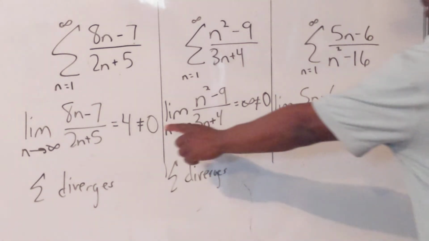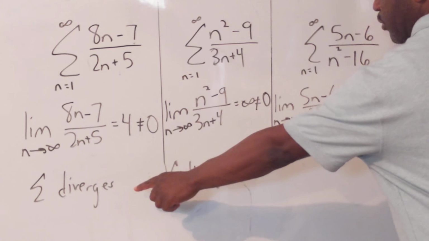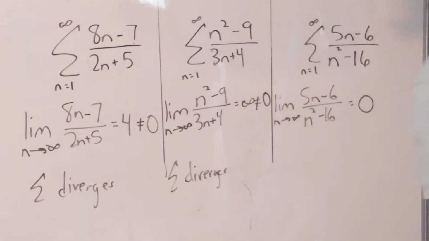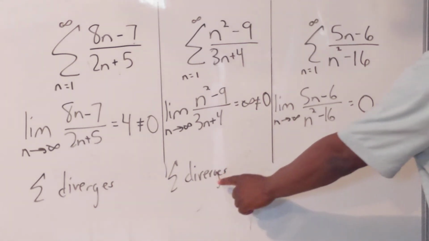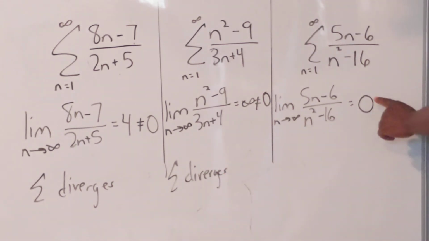Now remember, if it did not equal 0, it diverged. This one did not equal 0. It diverged. But this one does equal 0. The easiest thing to do is say it converges, all right? But don't do that.